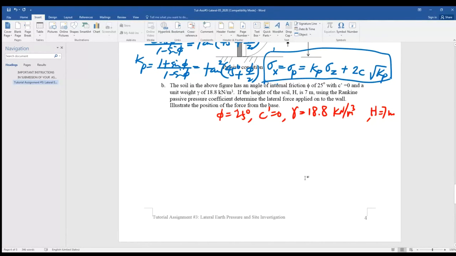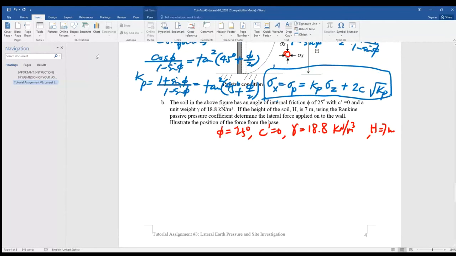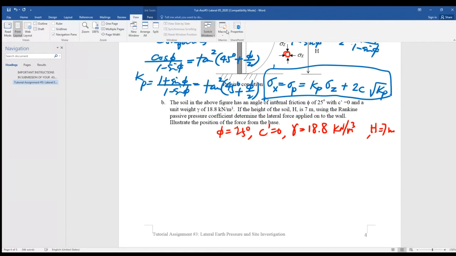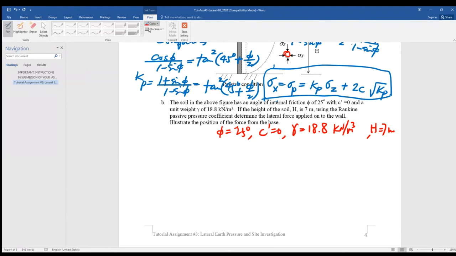Okay. So what's Kp? Kp is one plus sine phi over 1 minus sine phi. So 1 plus sine 25 over 1 minus sine 25.